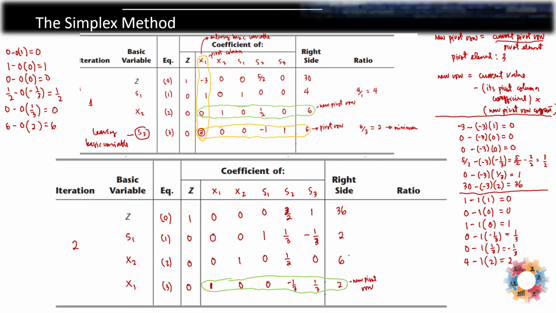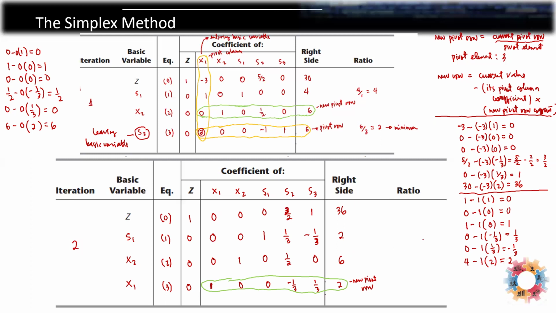Now, we're going to apply now the optimality test. If the optimality test does not satisfy, then we're going to do the next iteration. According to optimality test, if the entries in the 0th row or row 0 are non-negative, then that means that the optimal solution is obtained, right?